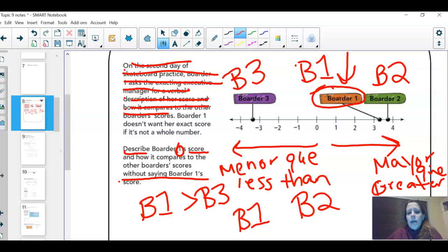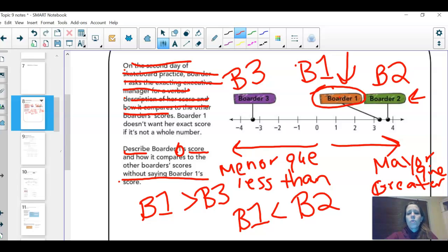If you said B1 is less than B2, B1 es menor que B2, you're correct. So B2 is on the right, B2 is a la derecha de B1, it's on the right of B1, so it's bigger.